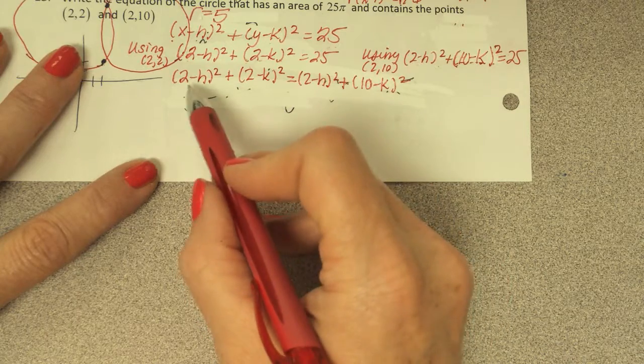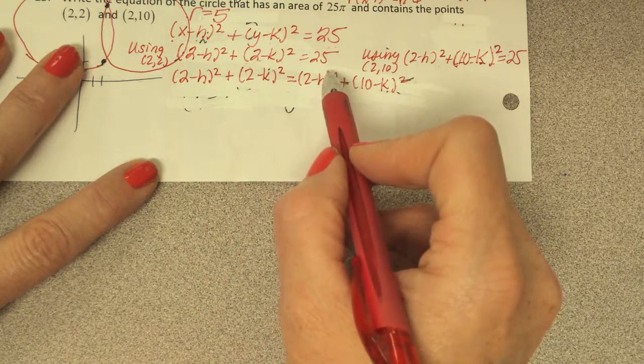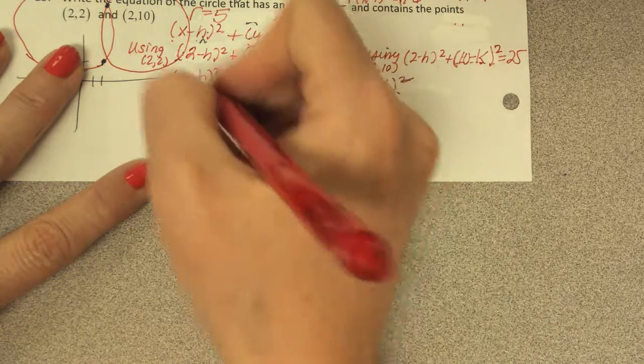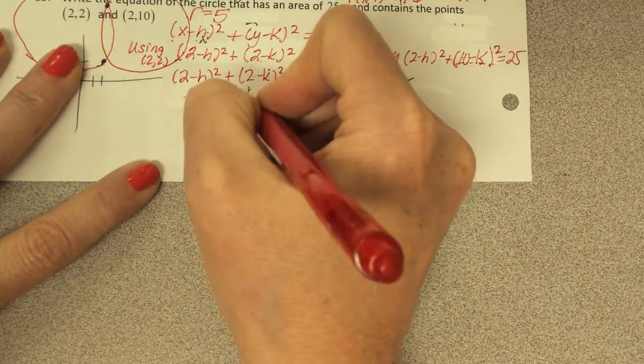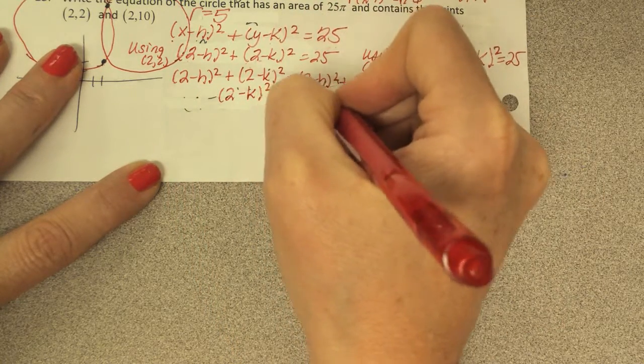Now, what's true of (2 minus h) squared and (2 minus h) squared? They're exactly the same, right? So I could really subtract those from both sides. So now I'm going to be left with (2 minus k) squared equals (10 minus k) squared.